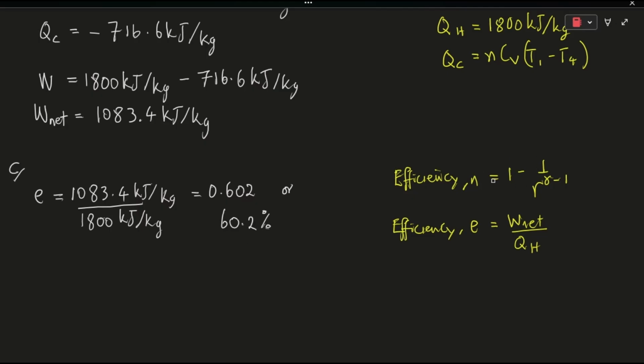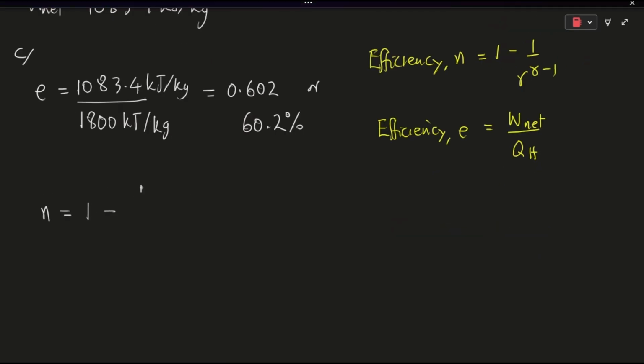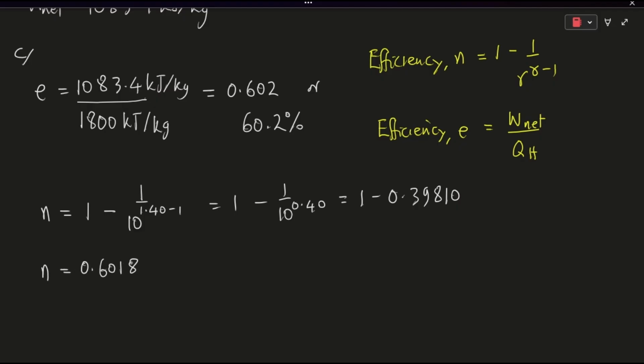Now, alternatively, we could determine the efficiency using this formula here. Our compression ratio is 10, our gamma is 1.4. So we're going to have approximately 60.2% efficiency. So our Otto cycle operates at an efficiency of 60.2%.